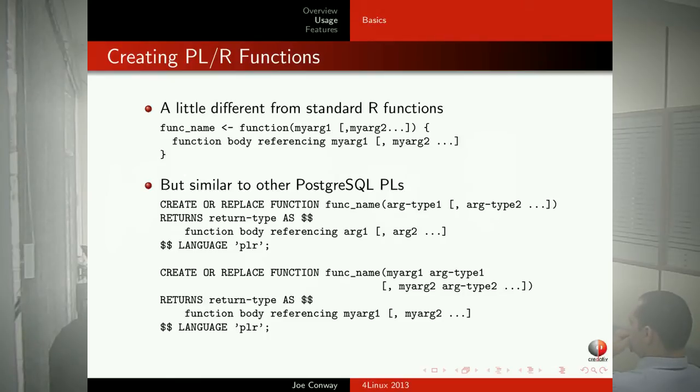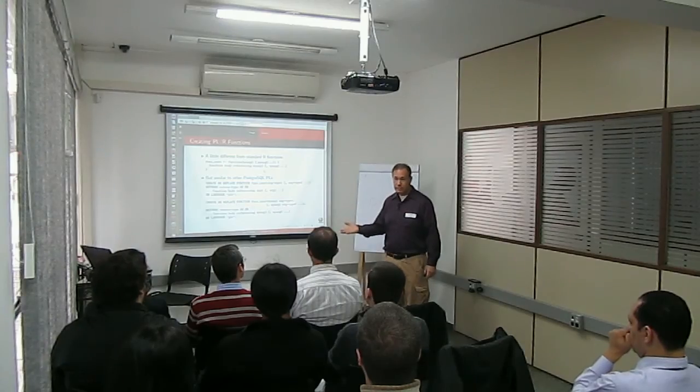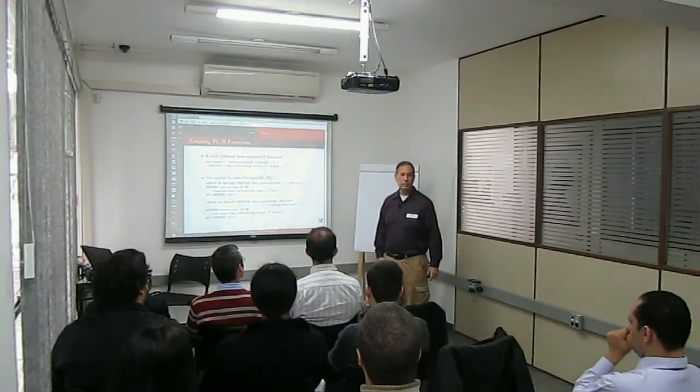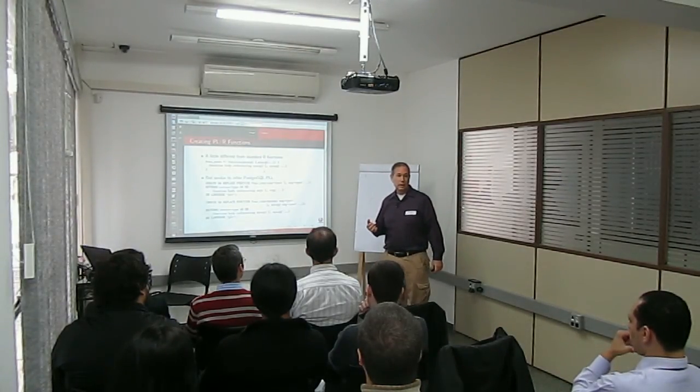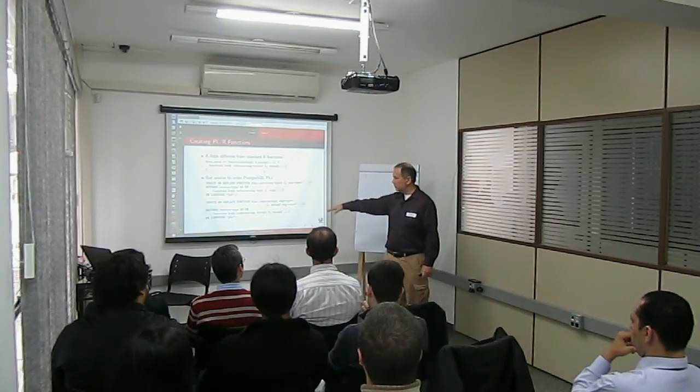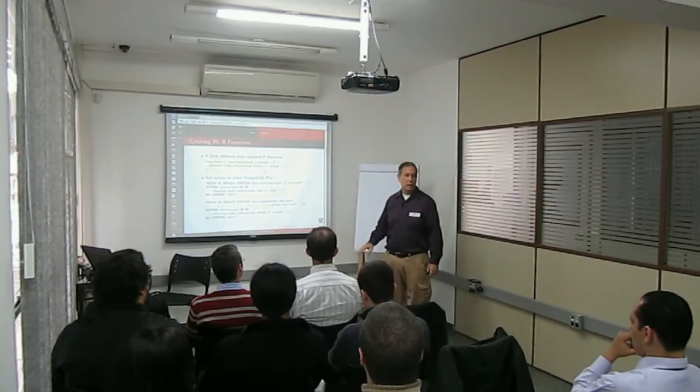But you specify the language PLR here. You could use language SQL or language PL/pgSQL, which are built in. Postgres also ships with PL/Python, PL/Perl, and PL/Tcl, if you like Tcl. So this is just another of the same type, and these languages all work the same way.